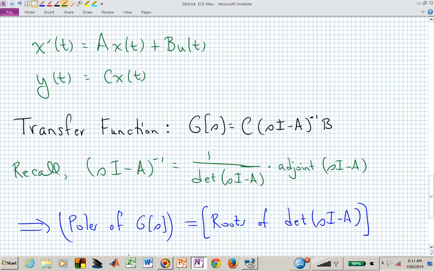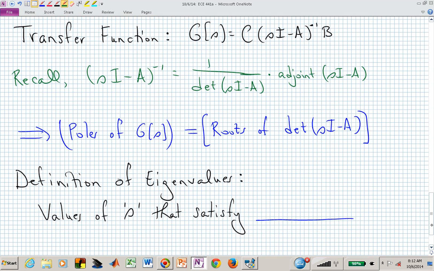Here, this definition of the matrix inverse is a symbolic matrix inverse. Remember, we did that with our calculator Friday. We could quickly do that if we just introduce some variables s or x on our calculator and raise it to the -1 power. We can now have the poles of our transfer function being the roots of the determinant, being the eigenvalues of our system matrix.